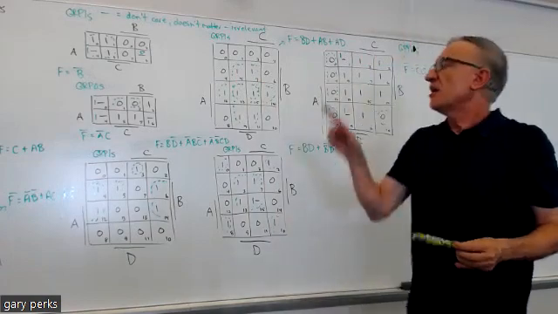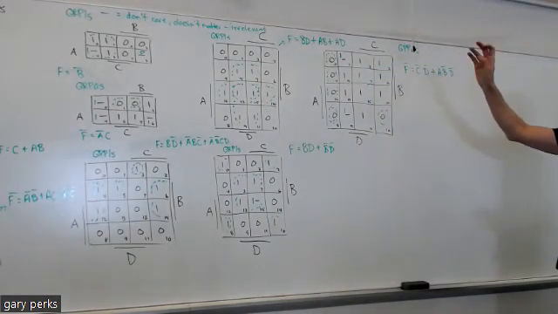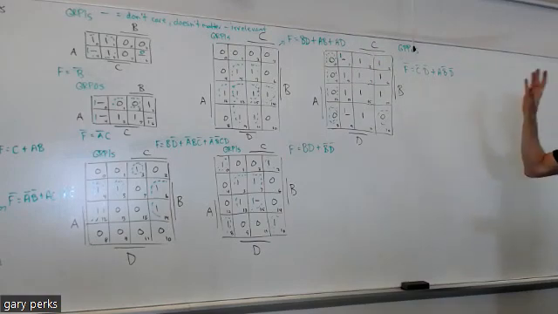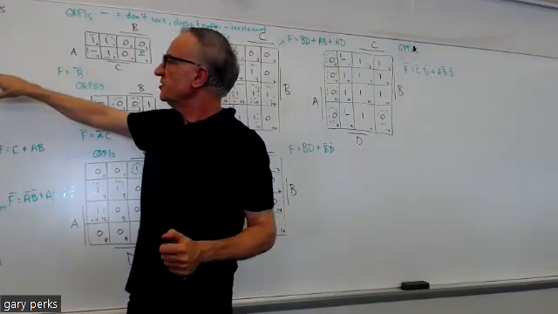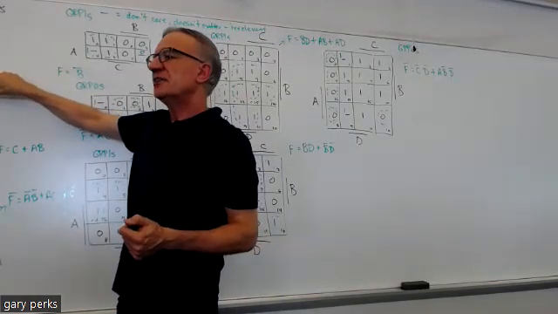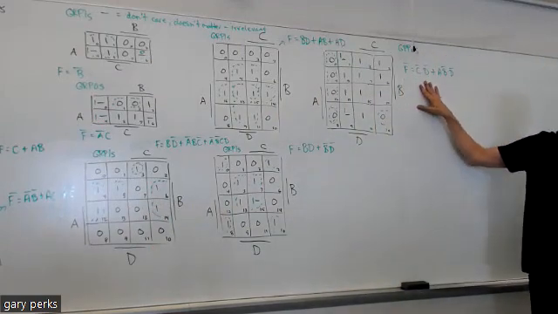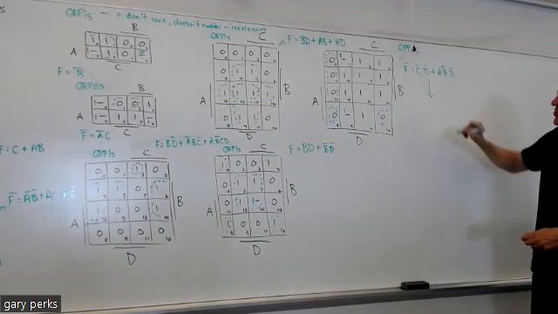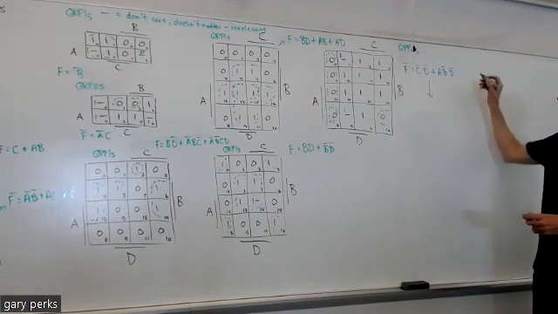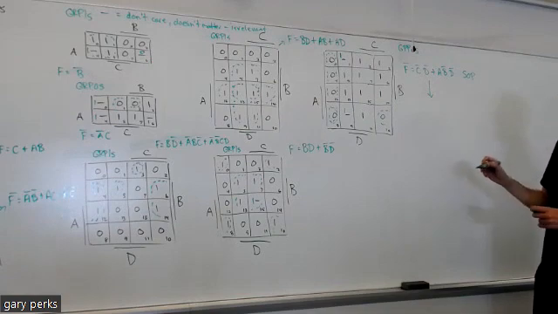Okay. Now, I talked about this a little bit today, but just to emphasize, if you circle the ones, you're getting the most reduced SOP for F. If you circle the zeros, you're getting the most reduced SOP for not F. And typically the reason you would want this is because now we can use De Morgan's twice, and turn this SOP for not F into what?